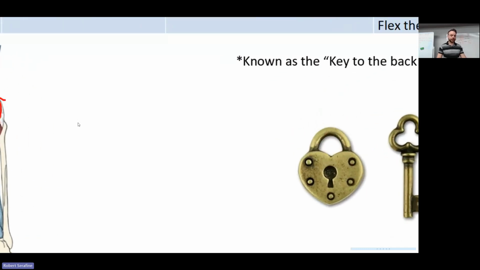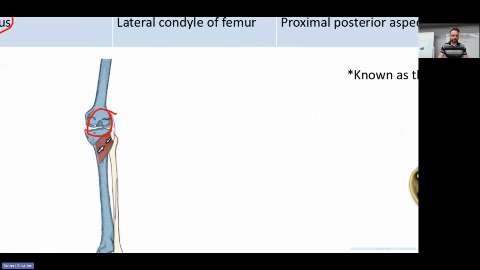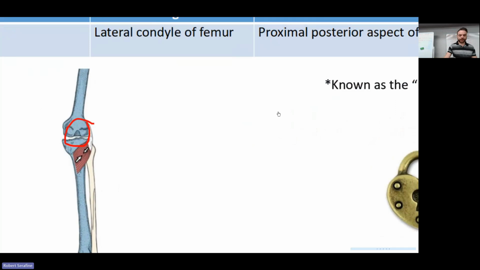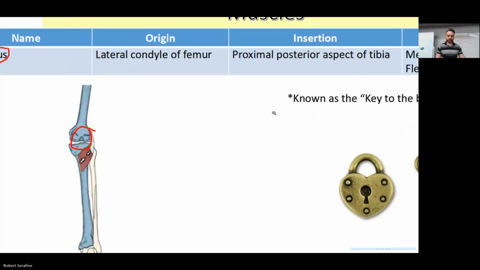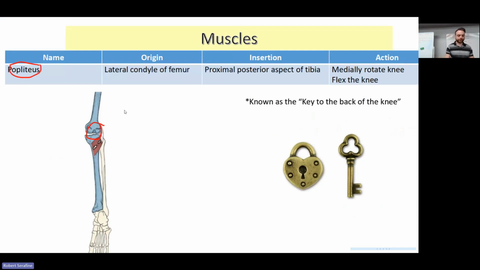It's often known as the key to the back of the knee, as this muscle originates here, as we can see, on the tibia, and then it reaches across to the lateral condyle of the femur, and it just produces flexion of the knee, as well as a bit of rotation based off of its pull. So very simple muscle, but the main thing to know is that it's in the back of the knee, in the popliteal region.